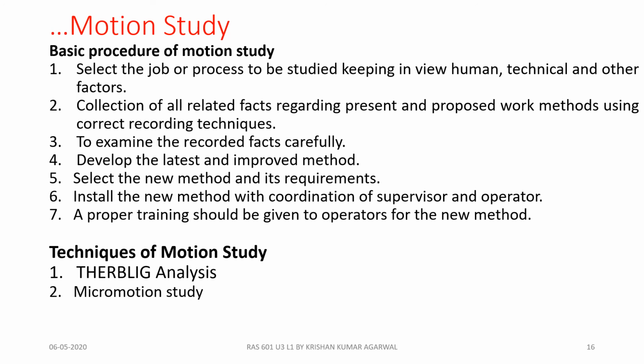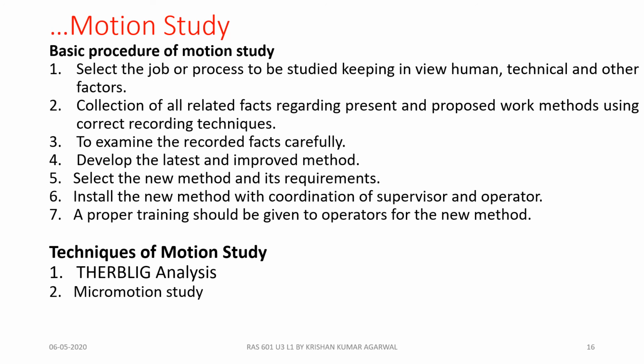Then management has to take the decision to develop an improved method. Then the selected method can be implemented on the shop floor as a pilot project and the changes installed accordingly. Last but not least, proper training must be provided to the operators so that they will be aware of how to implement it on the shop floor.